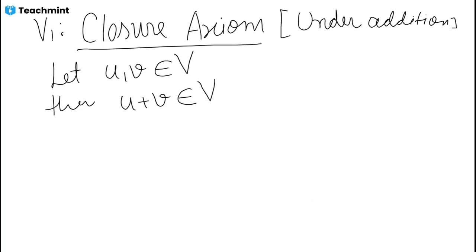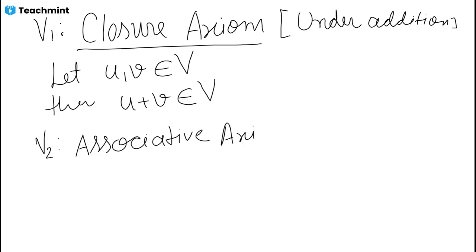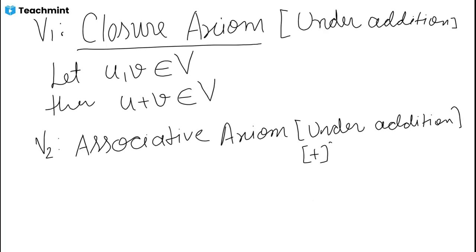Next is the associative axiom, V2. Similarly, under addition, you can simply write this symbol only.